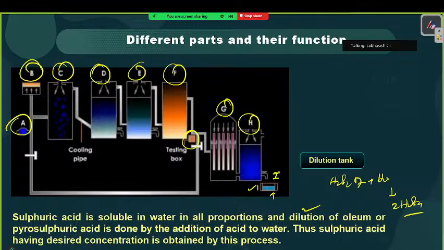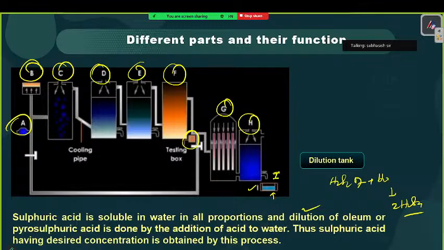Next class, we should complete this particular chapter with some reactions. Already we have mentioned the different reactions in this particular method, and after that we should discuss the physical and chemical properties of sulfuric acid. And next class we take a subjective test on periodic classification, not the short answer type test we have already taken.